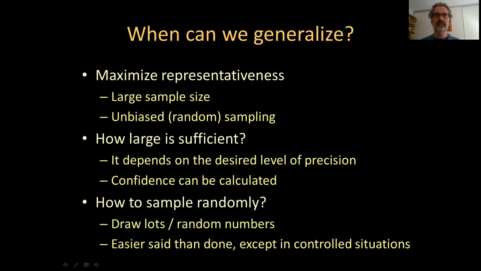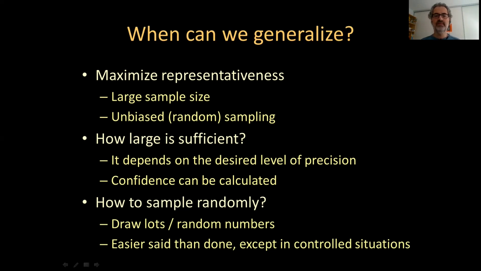Random sampling is possible and customarily done in controlled situations. For example, in intervention studies and medical studies, we randomly assign participants to conditions. So we choose completely randomly by drawing random numbers which of our participants will receive intervention or medication and which won't.